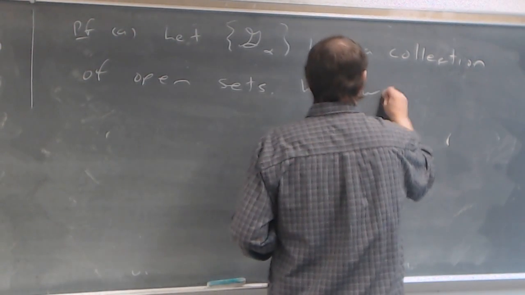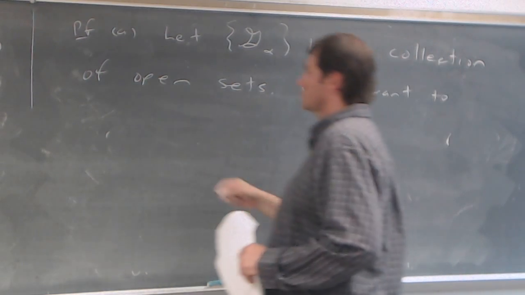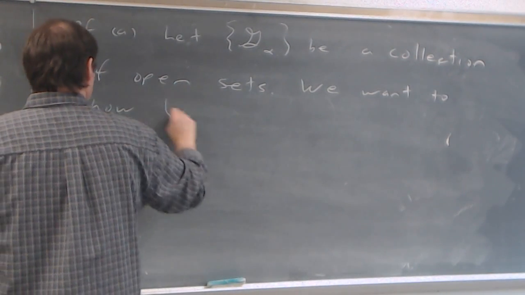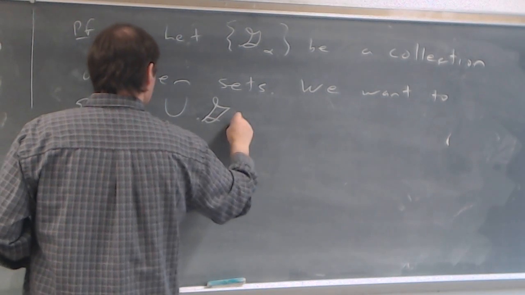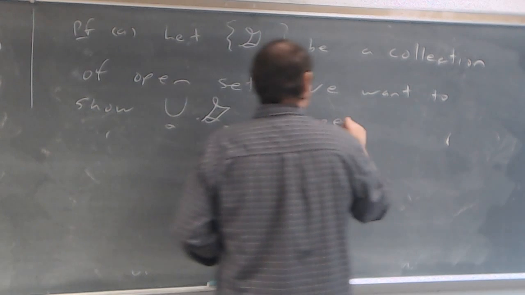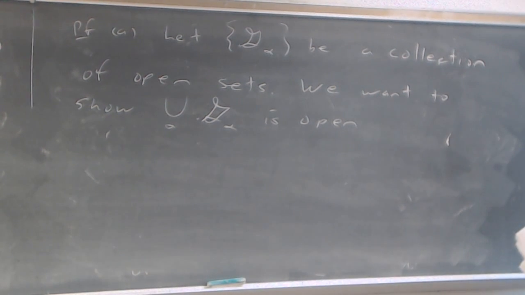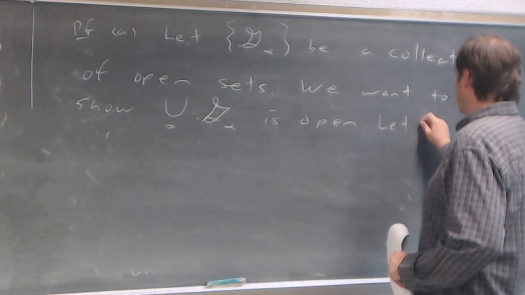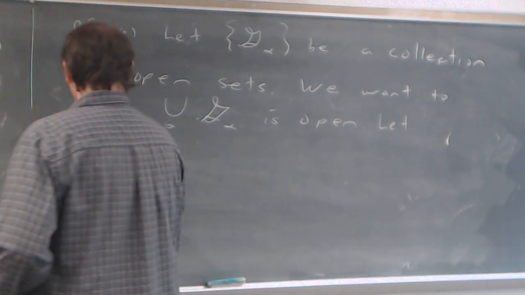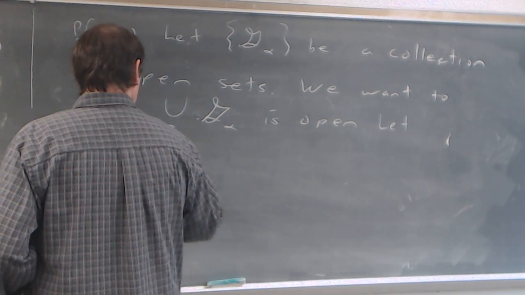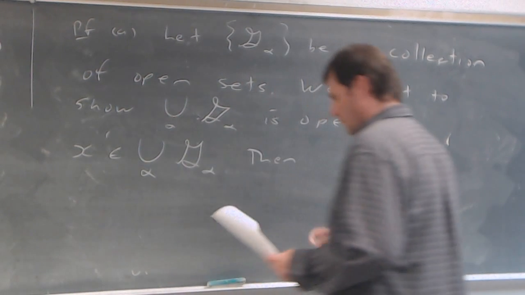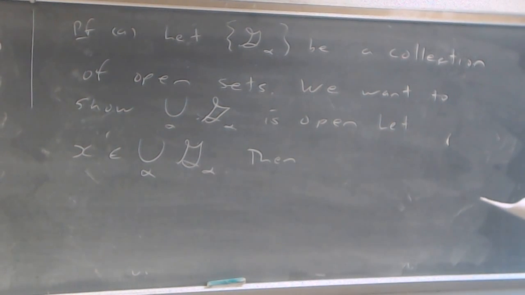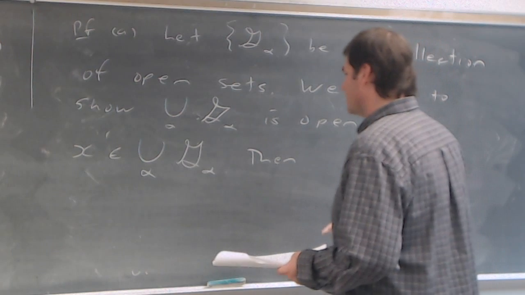We want to show that their union is open. That means we want to show that every point that it contains is an interior point. So we're going to start off with: let x be an element of this union over whatever alpha is. Then what does it mean to be in a union?